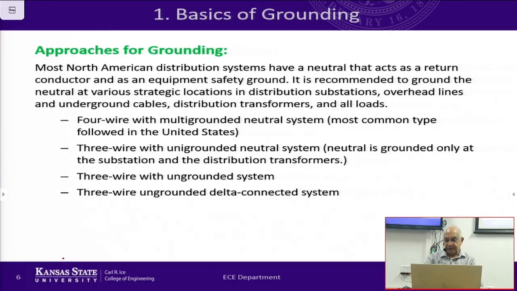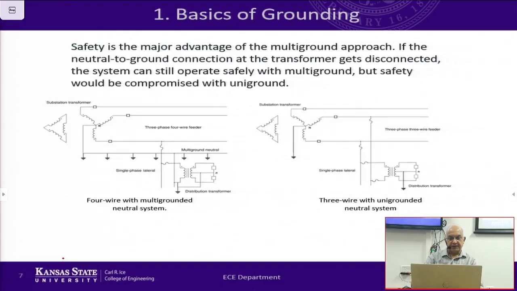So let's look at some of the common approaches and why one is better than the other. In this one, what you see is there are 2 possible operating systems.